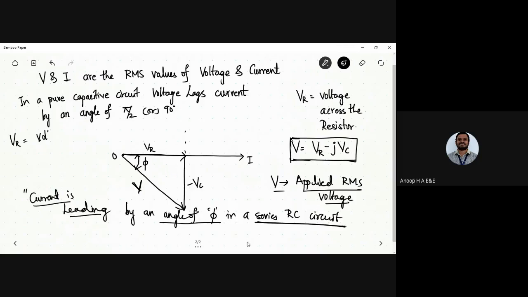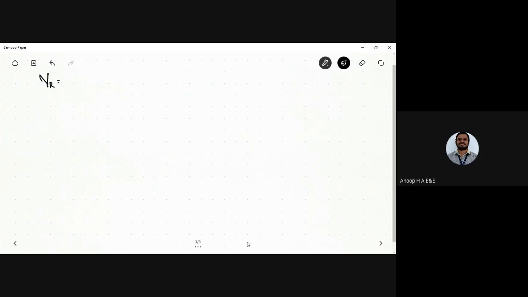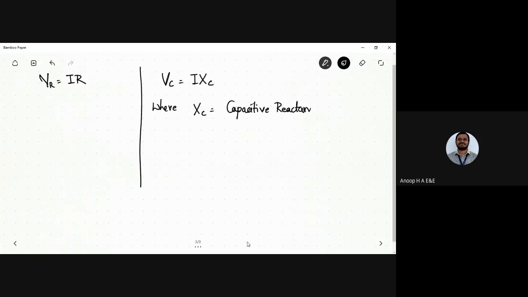VR is the voltage drop across resistor R. VC is the voltage drop across the capacitor C. So VR can be written as I into R. VC can be written as I into XC, where XC is the capacitive reactance in ohms.